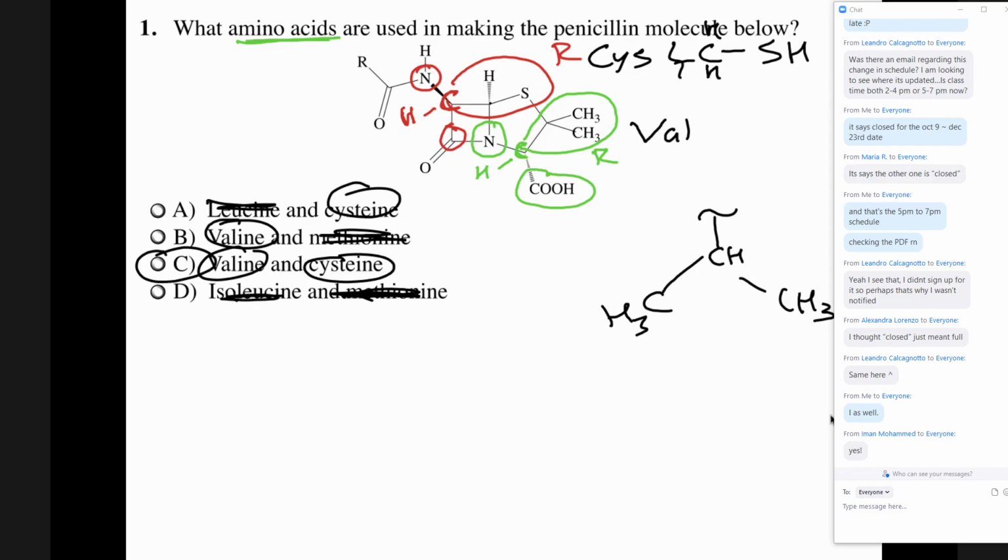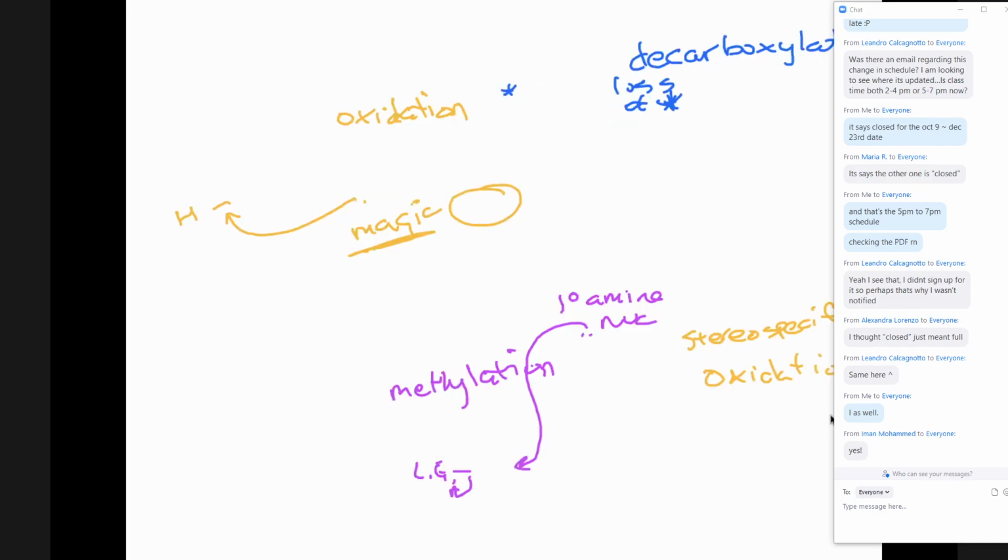Perfect. Okay, and would you agree this is a tough question? This is a pretty challenging question because it's in a weird sort of format. Okay, and then catalytic triad, if it's okay, I'm going to go back a couple more steps.